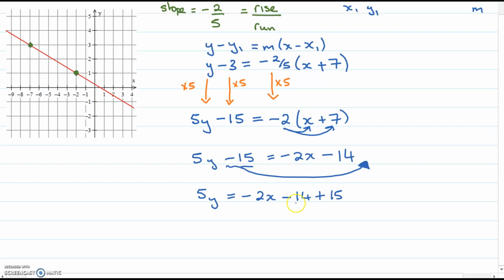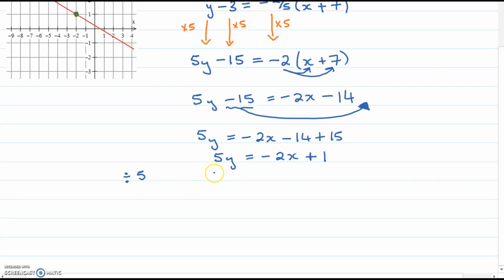So tidy up these numbers. 5y equals negative 2x minus 14 plus 15, which is plus 1. And then because you want y on its own, you'll divide by 5. Divide by whatever is in front of y. So you have 5y divided by 5 equals negative 2/5 x plus 1 over 5.